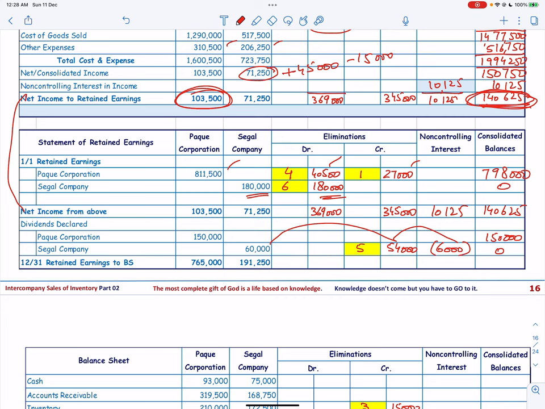So once again we are going to make a total, and the total for the elimination is 589,500, and this is 426,000, and this is 10,000 minus 6 is 4,125, and this is going to be 788,625.